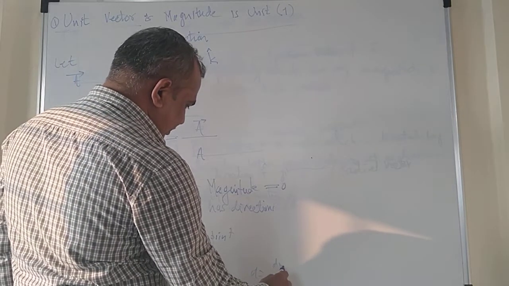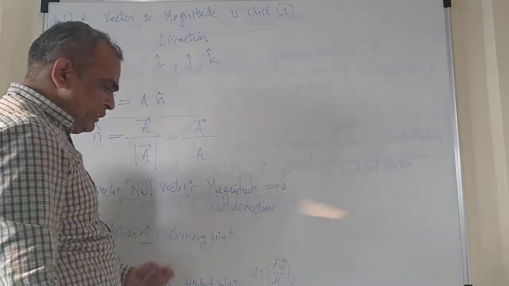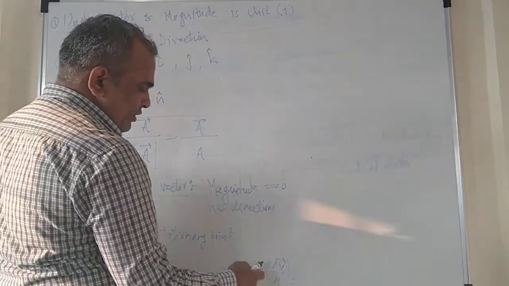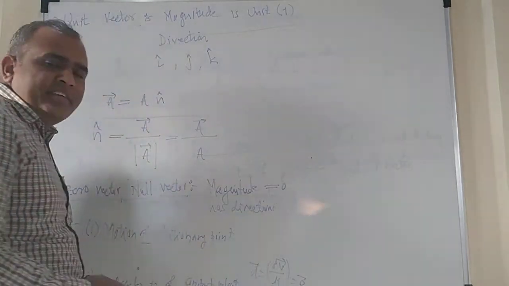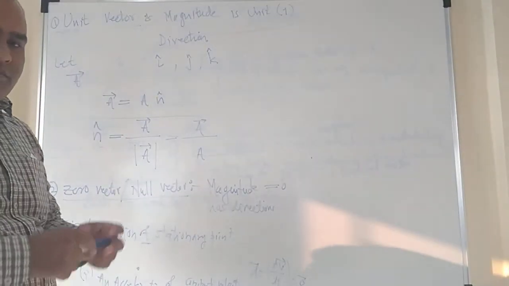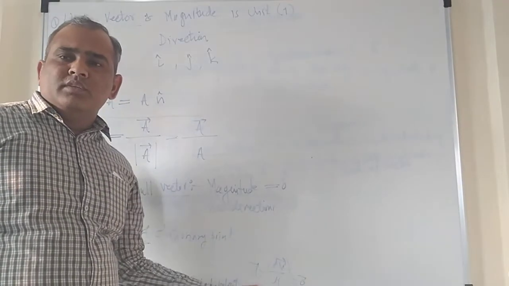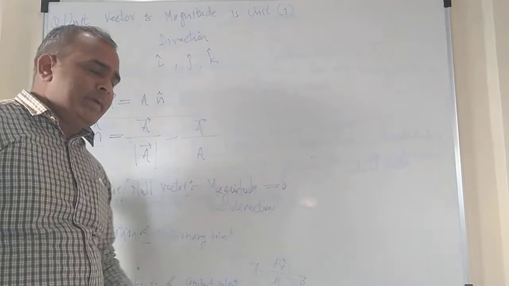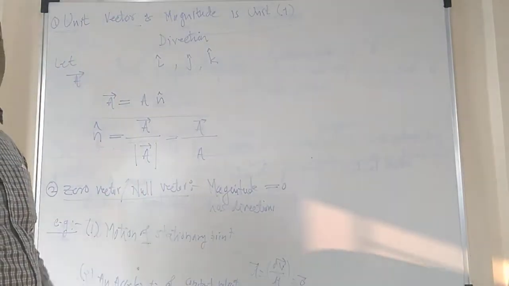Acceleration is nothing but the rate of change of velocity with respect to time. But your velocity is itself a constant and the derivative of a constant term is equal to 0. So acceleration is a physical quantity which has a direction, but its magnitude comes out equal to 0. Therefore the acceleration is itself acting as a zero vector or null vector.